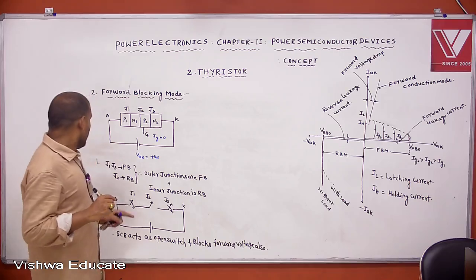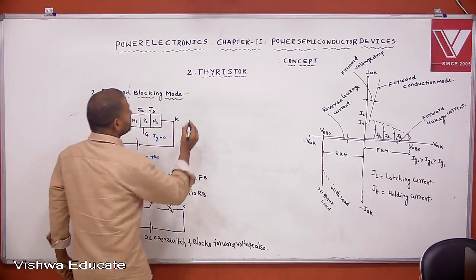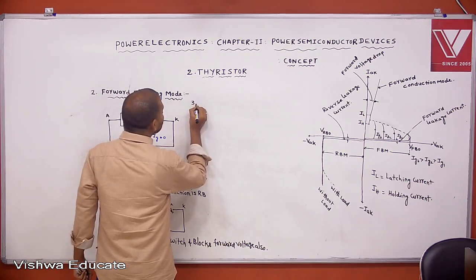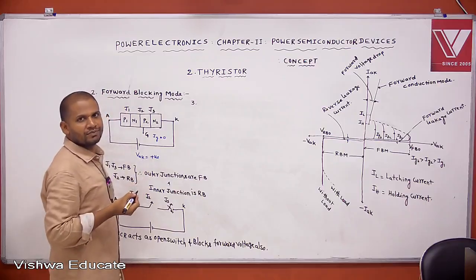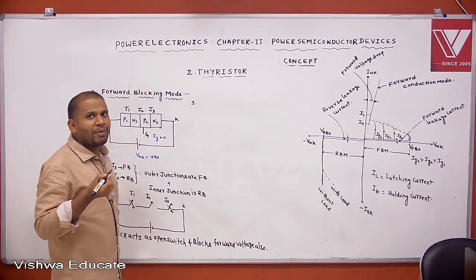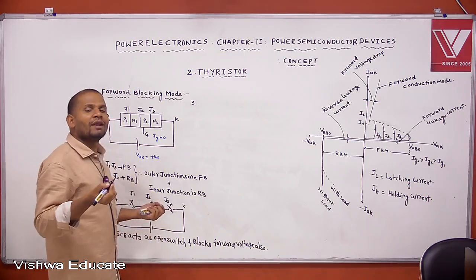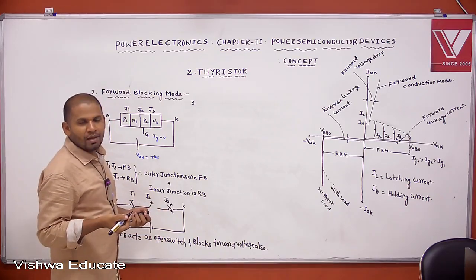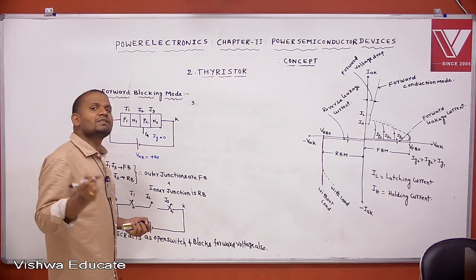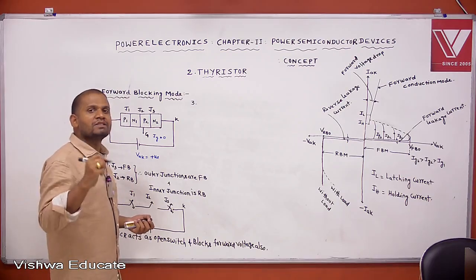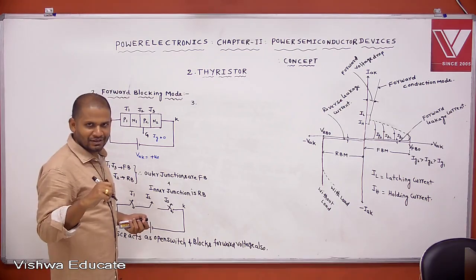Okay. Then third observation. Once it acts as an open switch, is there any current from anode to cathode? There is no forward current from anode to cathode. But practically, because of minority charge carriers, a small leakage current exists.